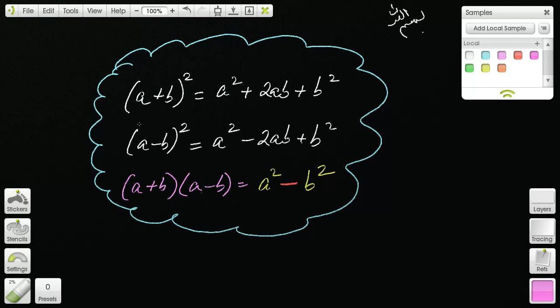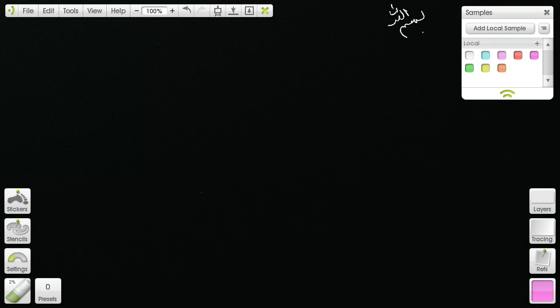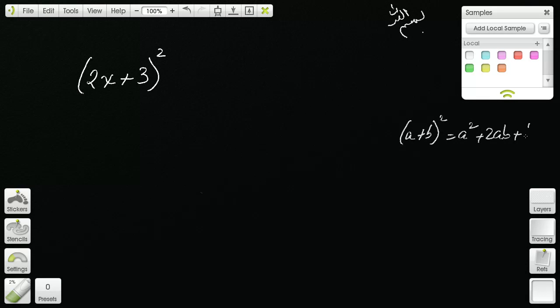Let me give you some examples of this. I have (2x plus 3) squared. Now this is (a plus b) squared, right? So this is going to be a squared plus 2 times a times b plus b squared.